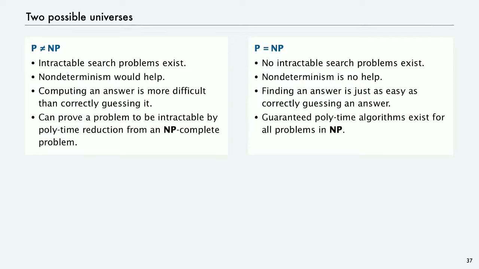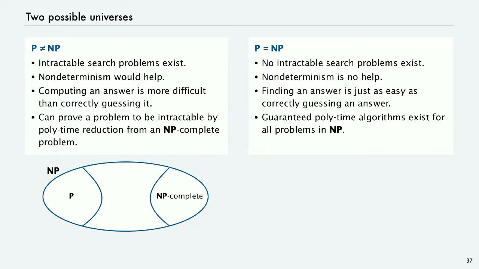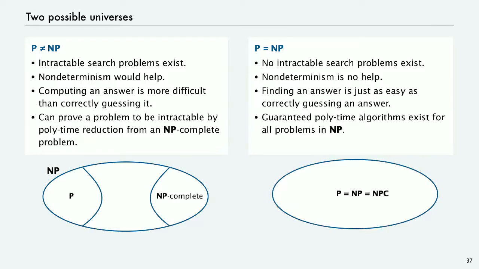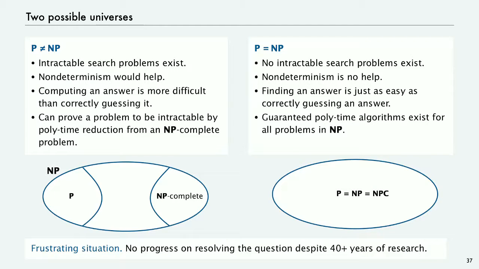If it's not equal, then you can prove a problem to be intractable by doing a reduction from an NP-complete problem. So the situation is a little bit more like this. And that, again, these are possibilities just based on the basic definitions that we have. But still, there's no progress on knowing which of these two things are true, despite the fact that many people have been working on it for decades.